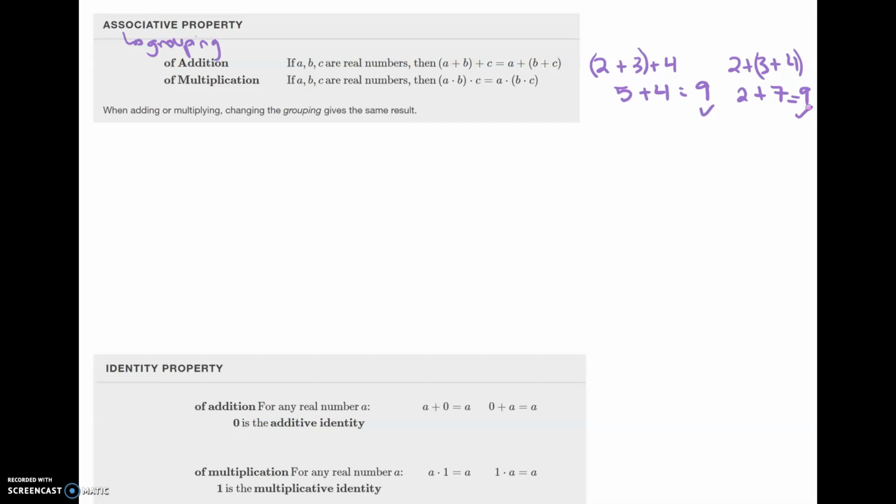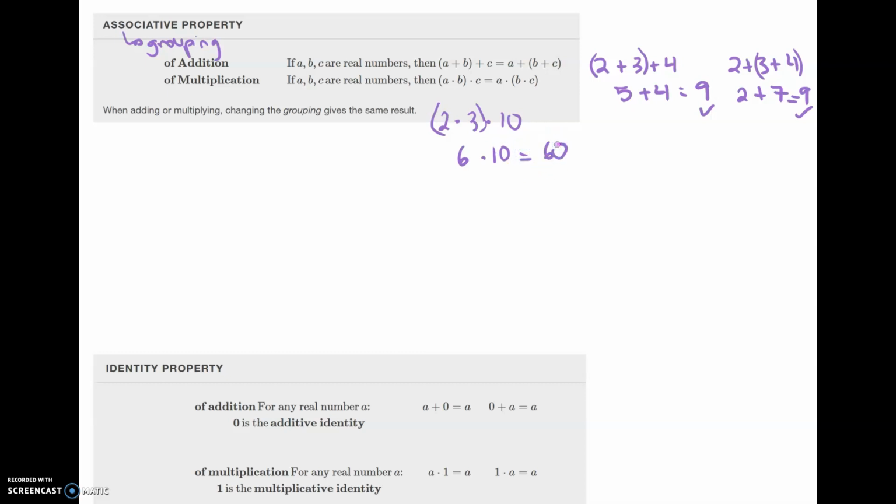Multiplication would work exactly the same. I'll change the numbers here a little bit. If I were to do, say, 2 times 3 times 10, and I group the 2 and the 3 together, 2 times 3 is 6. And then if I multiply it by 10, that would give me 60.